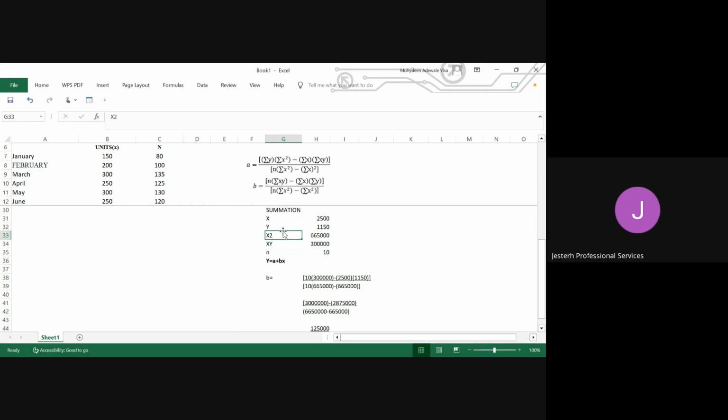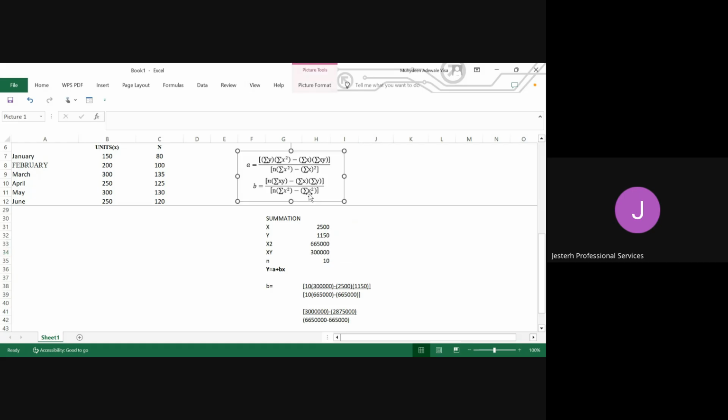Okay, I think there is something I detect from this formula. The second one, summation of x squared, is supposed to be summation of x, closing bracket, raised to power of 2.